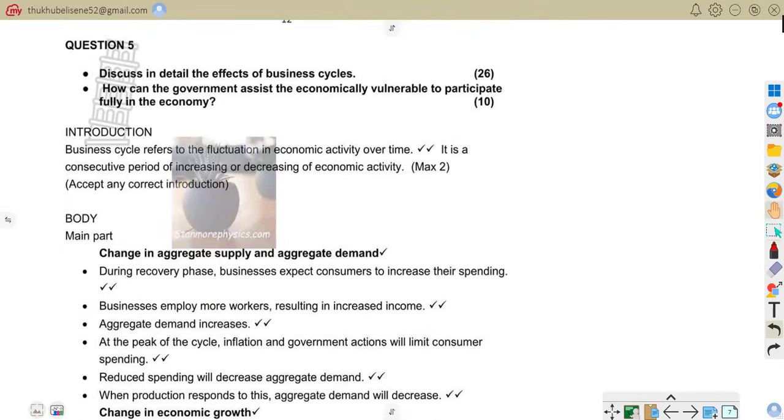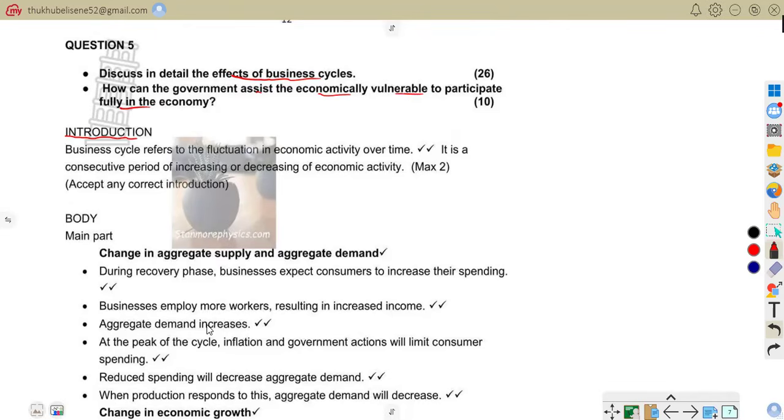As we know, it says, discuss in detail the effects of business cycles. How can the government assist economically vulnerable to participate fully in the economy? Like question 4 that we did, we are first going to start with the introduction, then come to the body as well as conclusion.